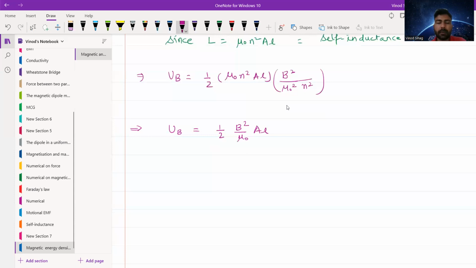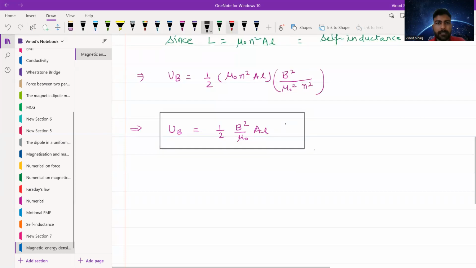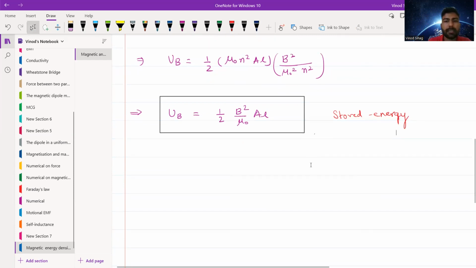This will be the equation of magnetic energy stored in the solenoid. Now from this equation, we are going to derive the equation of energy density. This is the equation of stored energy.